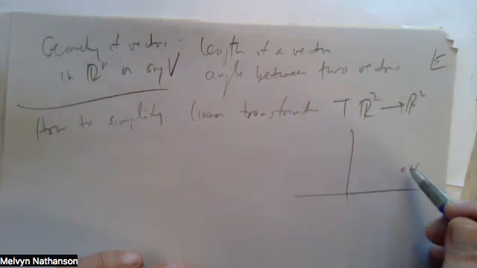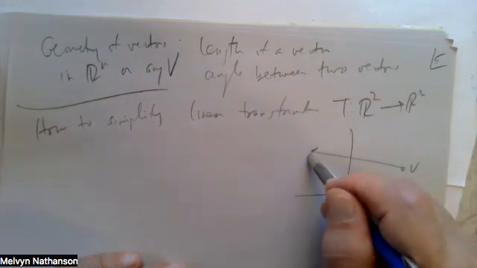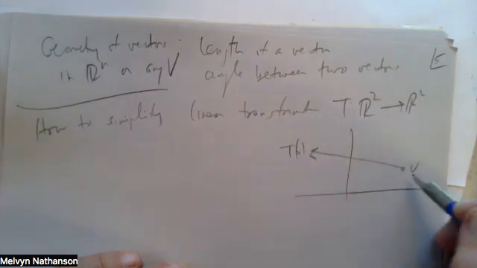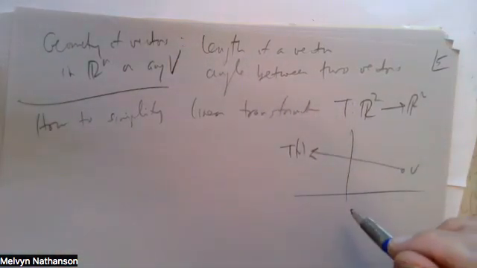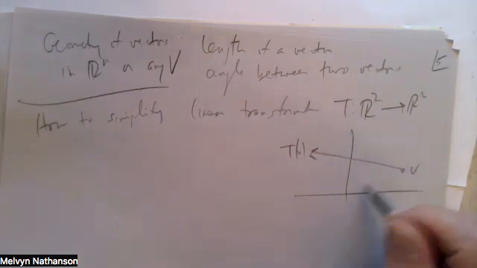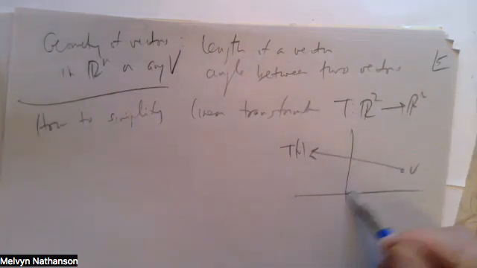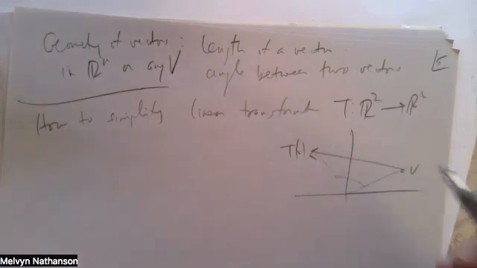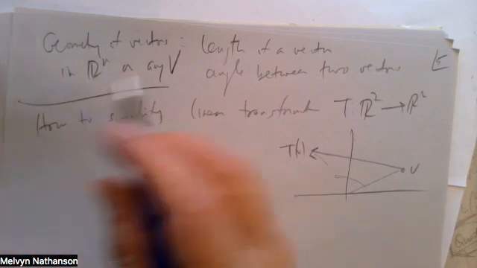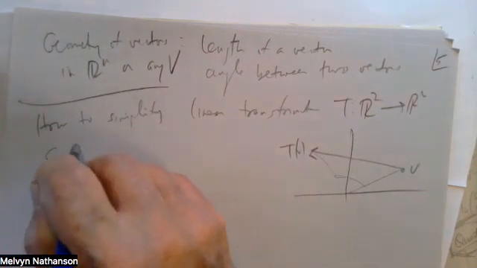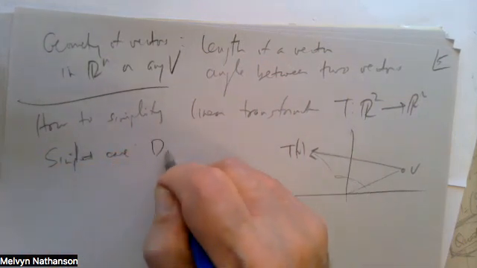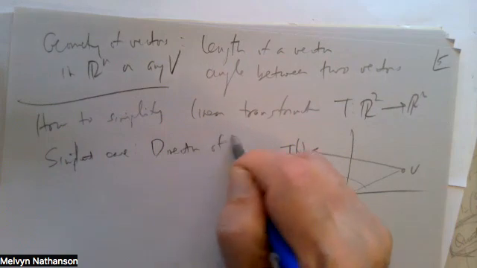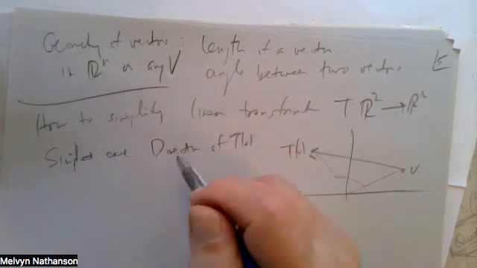So if you start with some vector v, it might get mapped to some vector T of v. And this is kind of complicated, because v is changing its direction, and it's changing its length, and all sorts of things are happening. What is the simplest case? The direction of T of v does not change.